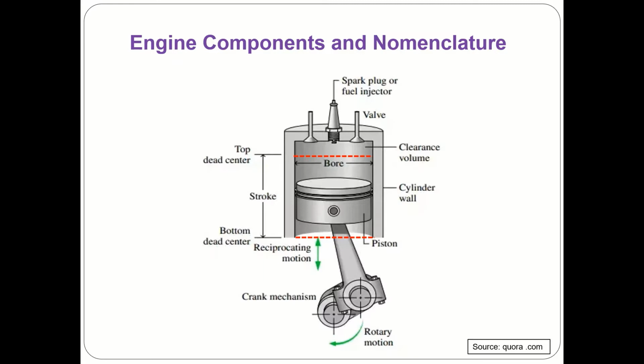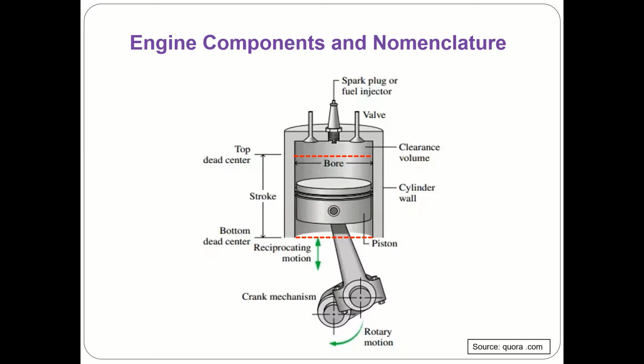At the center you have either a spark plug in case of SI engine or a fuel injector in case of CI engine. The spark plug is utilized for providing spark in order to burn the mixture, and the fuel injector is used for injecting fuel at the end of the compression stroke.